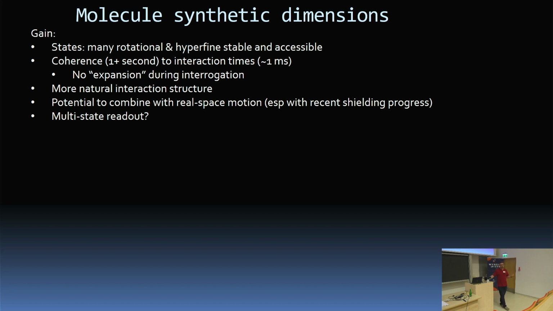And so now this opens up a whole new world for us, because the molecules actually have many more accessible stable states in the rotational states and hyperfine states than you do with the Rydberg atom. The coherence is excellent in terms of being very long-lived, but also even the coherence time to interaction ratio is very good.